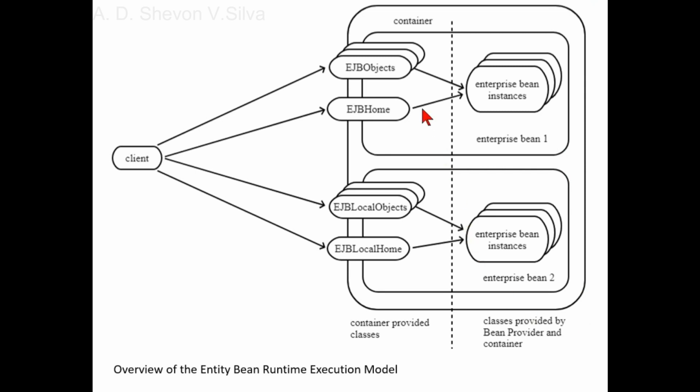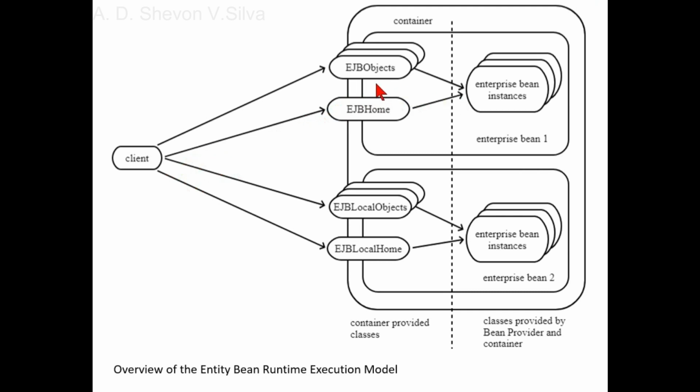An entity EJB object or EJB local object is an object whose class was generated at deployment time by the container provider's tools. A client never references an entity bean instance directly.